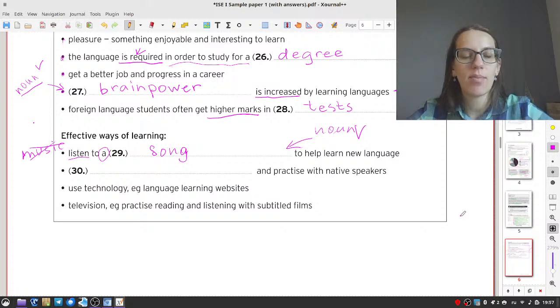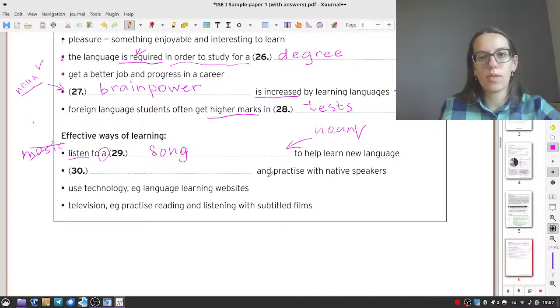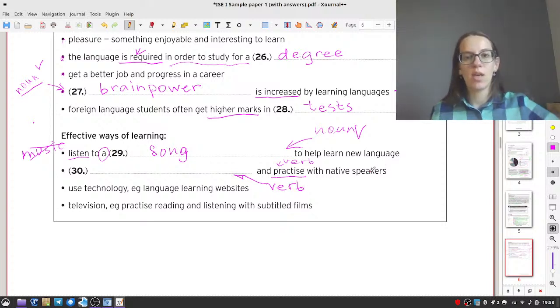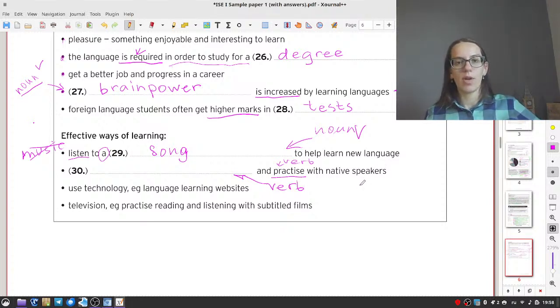And finally, number 30. Something and practice with native speakers. Well, practice is a verb. So it makes sense that the word here should also be a verb or some kind of a phrase with a verb, right?